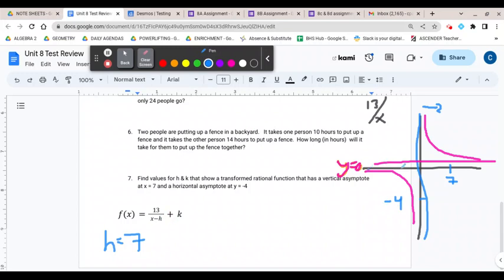So we moved it down 4, so k is going to be negative 4. So now that pink function, if we were to move it, 7 is our vertical asymptote, negative 4 is our horizontal asymptote. So now this function will look something like this.